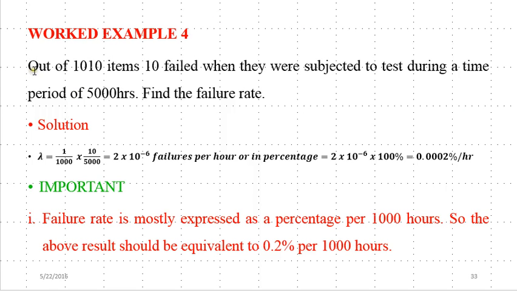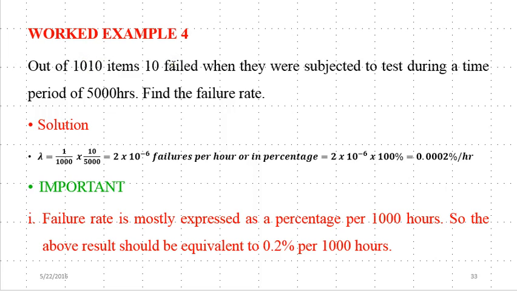Let us give a worked example to illustrate this further. Out of 1010 items, 10 failed when they were subjected to the test during a period of 5,000 hours. We are now asked to find the failure rate. Now, see from here, I have 1010, 10 failed.